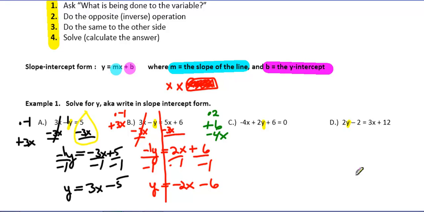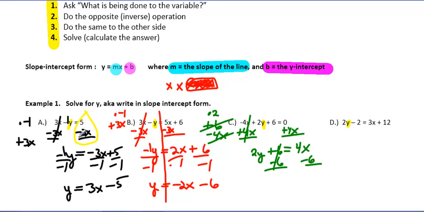These two don't matter. Why? Because they're both addition and subtraction, and as we learned in the very beginning of the year with order of operations, addition and subtraction are equally as important. I'm going to take care of the 4x first because the last thing I say is the first thing I get rid of. Now I need to get rid of the 6.